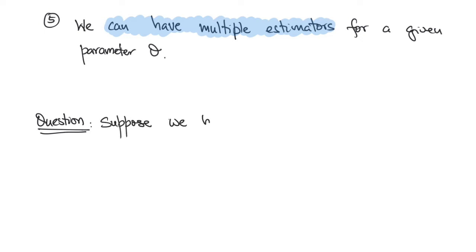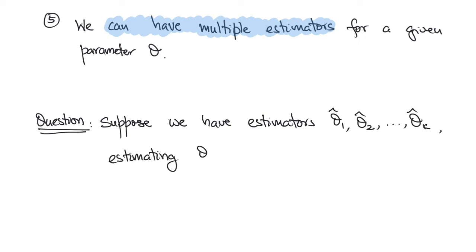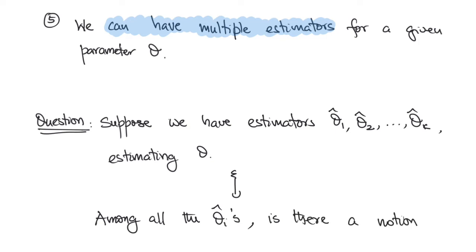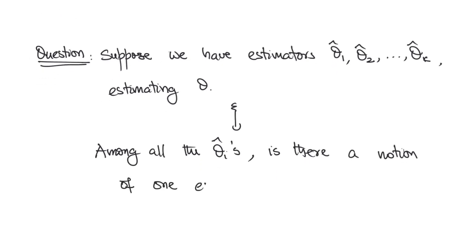But before we proceed any further, we will introduce the idea of ranking or choosing estimators from a group of estimators for theta. So suppose theta 1, theta 2 up to theta k are estimators for theta, then among all the theta i's, is there a notion of one estimator being better than the others?